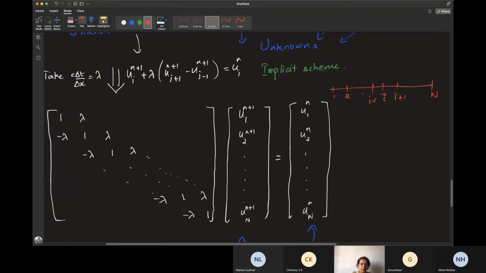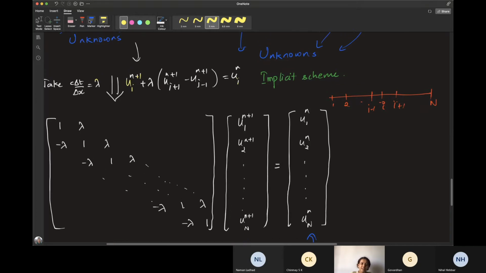These are just single equations. This i can be anything from 1 up to n in this expression, but the equation is valid for i between 2 and n-1.